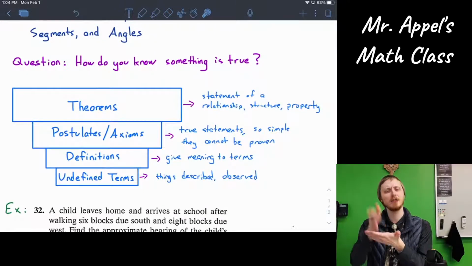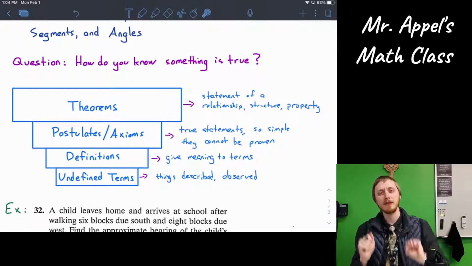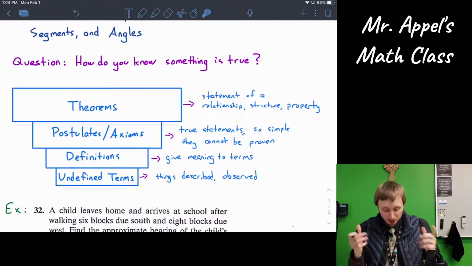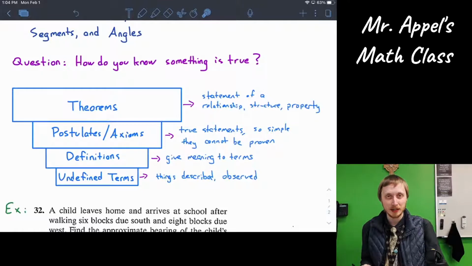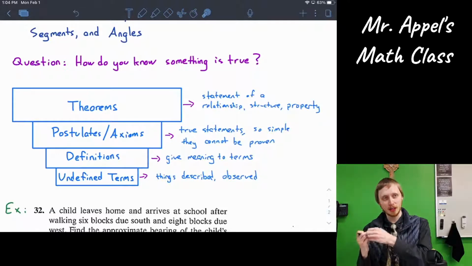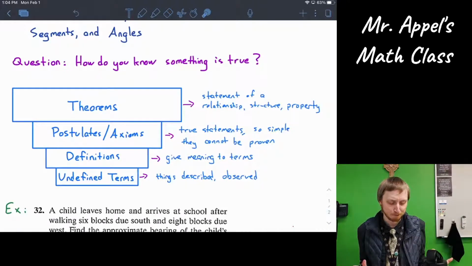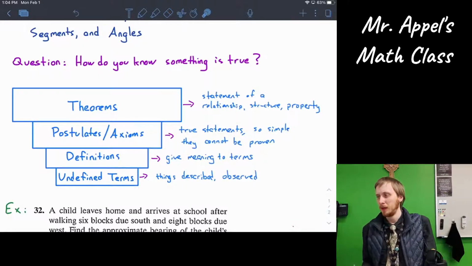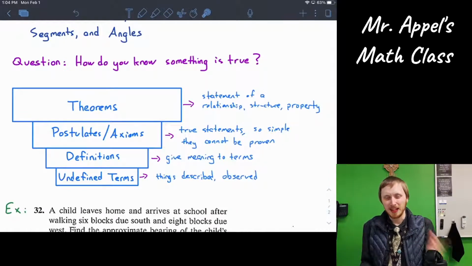God created the universe. There is an absolute beginning point, and everything came after that. Similarly, mathematics has a beginning point. Within the realm of geometry specifically, we have those undefined terms, and we use that as our basis for the rest of it. Any questions on that concept, that structure there?